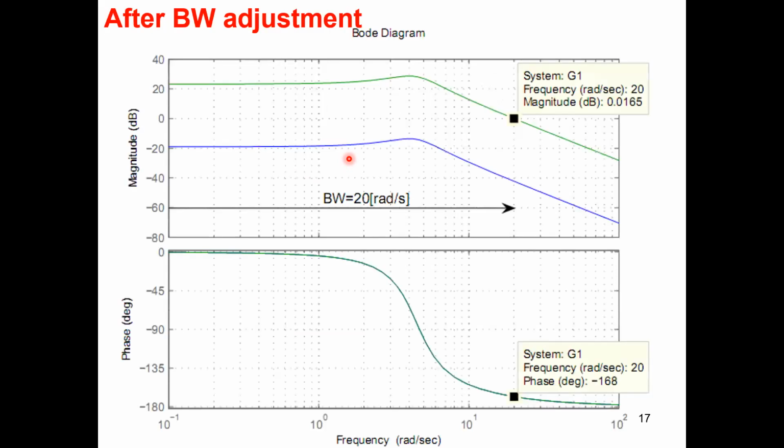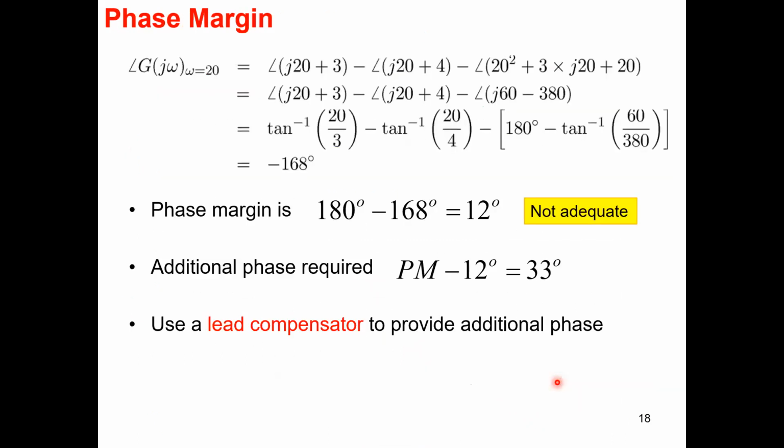In the MATLAB Bode plot, you have it already calculated. You don't have to do it manually. You just need to go to that point and click it. You will see this pop-up box where these numbers are displayed. Alternatively, you can manually calculate 168. So the margin available right now is 12 degrees, not adequate.